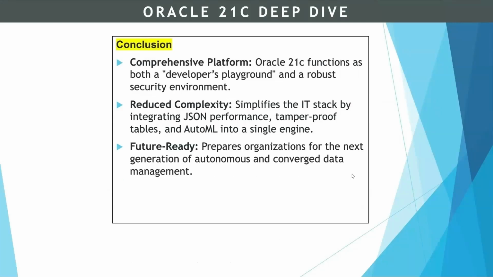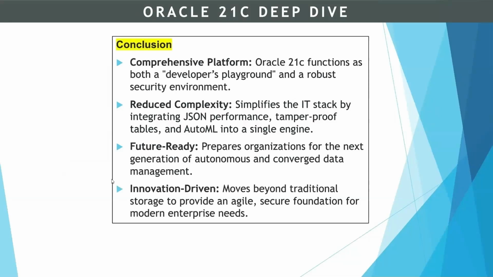It is also future ready, preparing organizations for the next generation of autonomous and converged data management. Innovation driven, it moves beyond traditional storage to provide an agile, secure foundation for modern enterprise needs.